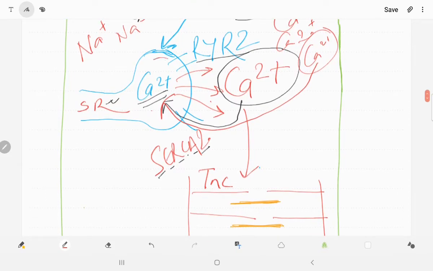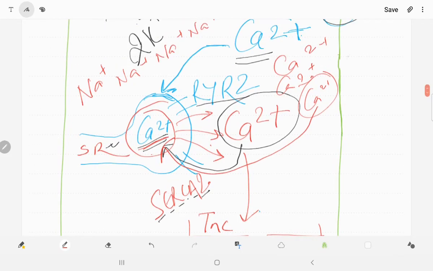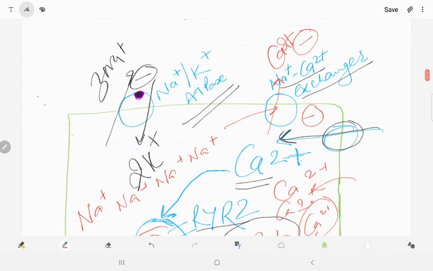So this will increase calcium concentration inside the sarcoplasmic reticulum, and there will be a subsequent rise in this concentration, because every time there will be entry of calcium, but it cannot exit due to inhibition of this pump.